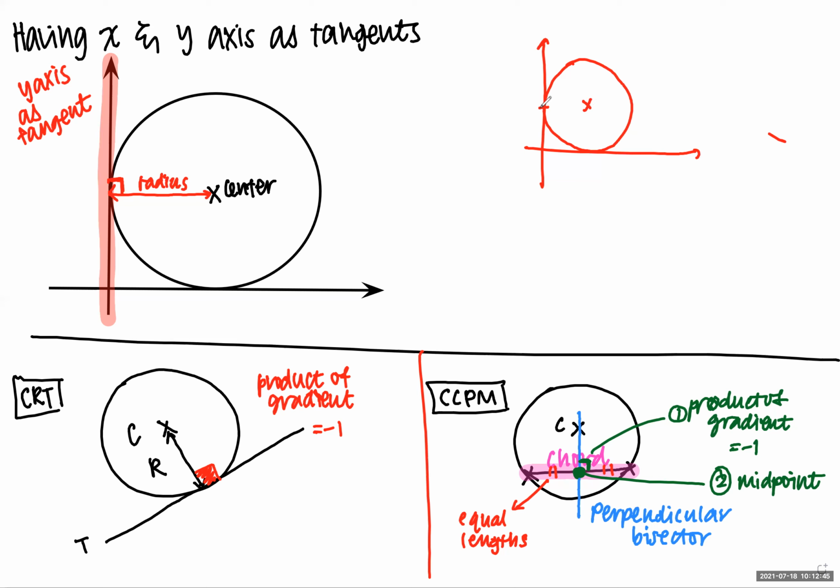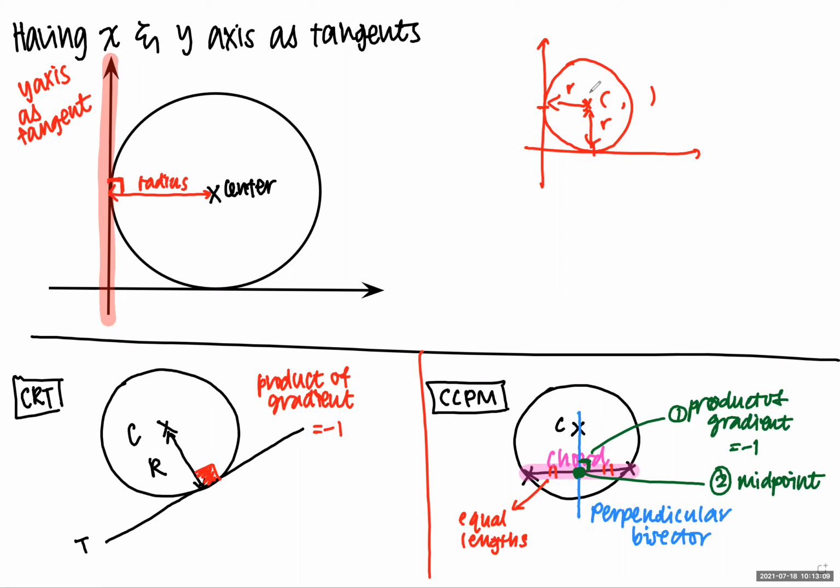So let's say this person here and this person here. My center. Can you see, if this is my radius and this is my radius, these two are both my radius, right? So if these two are both my radius, do you notice that to find the coordinate of the center, what would it be?